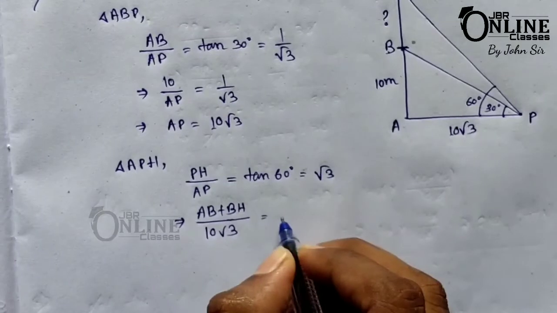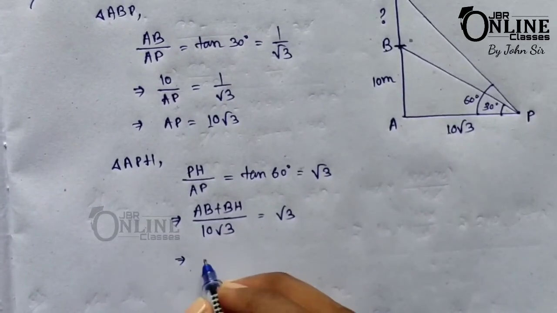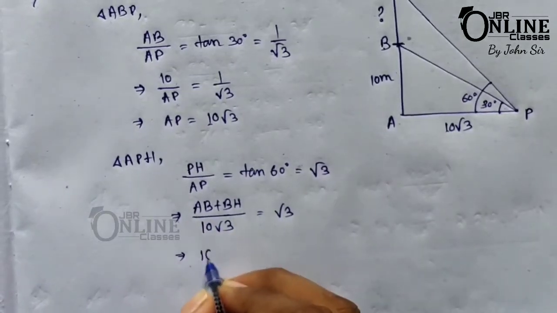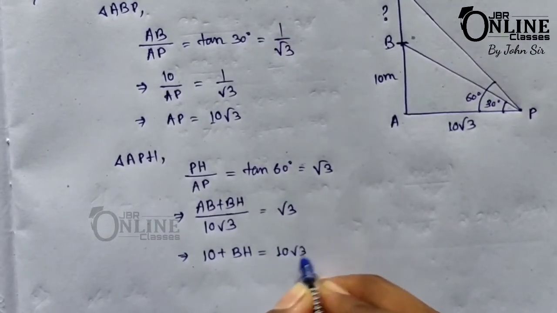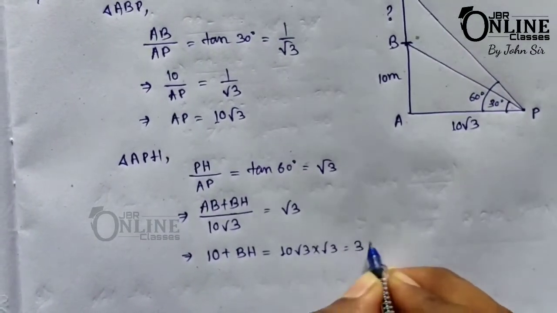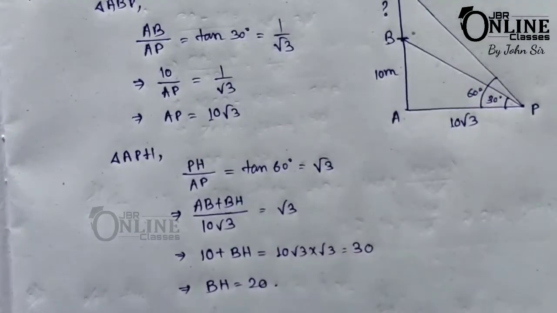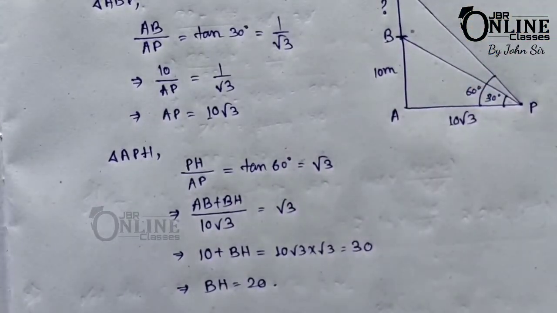So write down here 10 root 3 into root 3. So here AB equals 10 plus BH, that equals 10 root 3 into root 3, that equals 30. So BH equals 20. So as BH equals 20, the whole height equals 30.